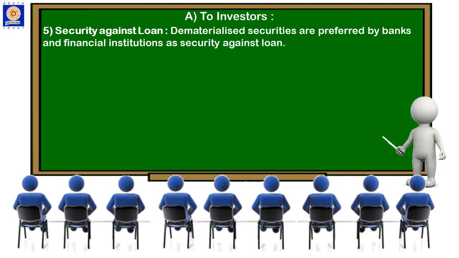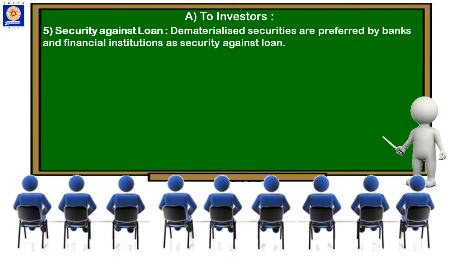Our fifth advantage is security against loan. Dematerialized securities are preferred by banks and financial institutions as security against a loan. Now you can get a loan by mortgaging your securities like equities, preference shares or debentures.